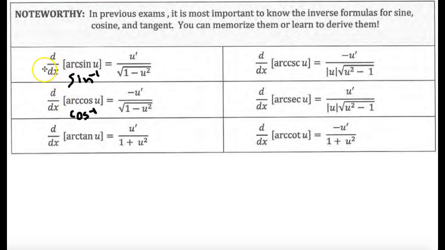So here we're saying the derivative of arc sine. In our examples where we derived, this was just x. Here we're going to make it a little more general and say that u can be any function of x. So it could be x squared plus 1, or e to the x, or another trig function. So these are our rules to take these 6 inverse trig derivatives.